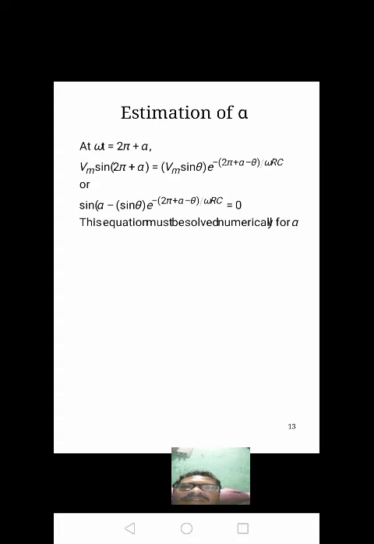We can also write it as sin alpha minus sin theta into e power minus 2 pi plus alpha minus theta by omega RC is equal to 0. This equation must be solved numerically for alpha.